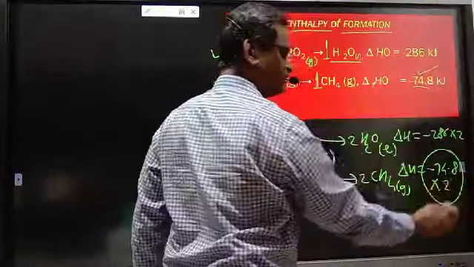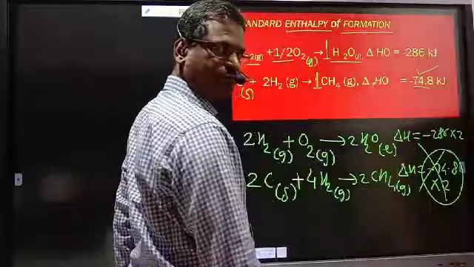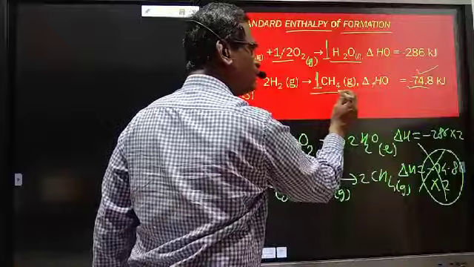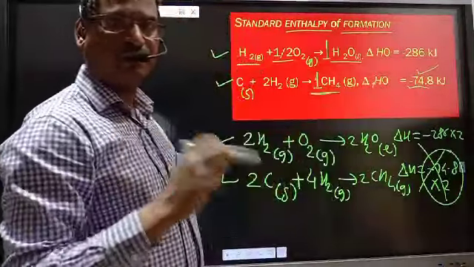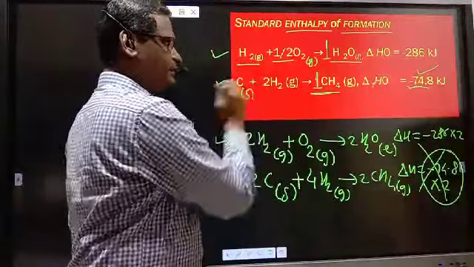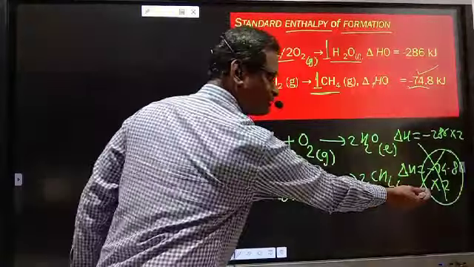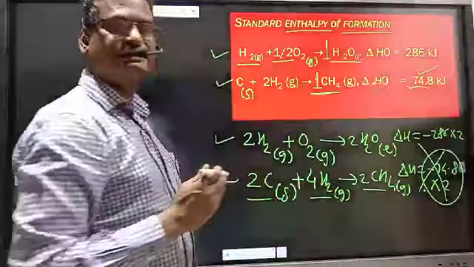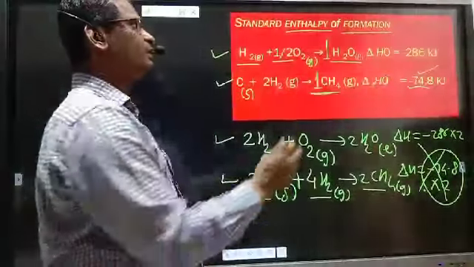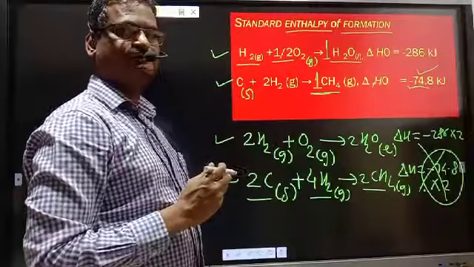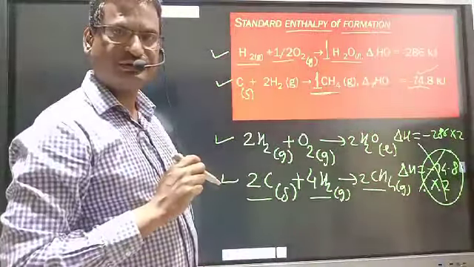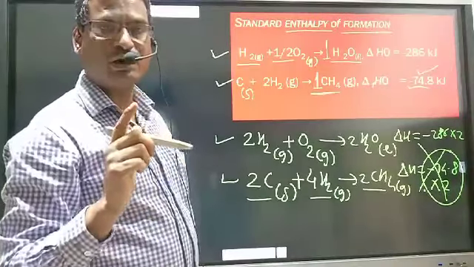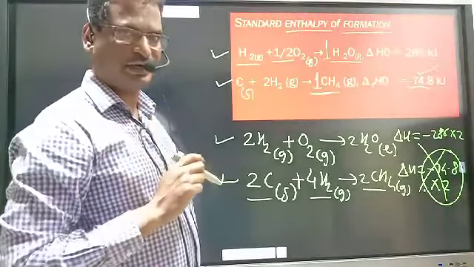This is the enthalpy of formation. This is not the enthalpy of formation. Why is this the enthalpy of formation? Because 1 mole of methane is formed from its constituent elements. Why is this not? Because 2 moles of methane are formed from its constituent elements. So enthalpy of formation is the enthalpy change whenever 1 mole of substance is formed from its constituent elements.